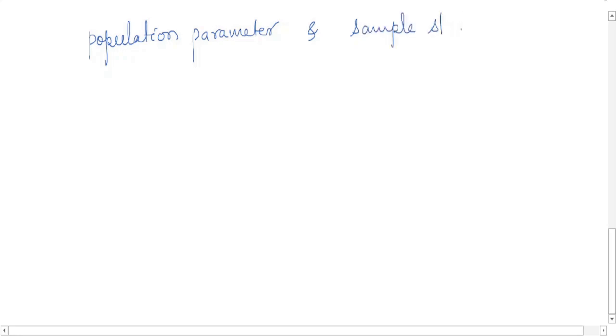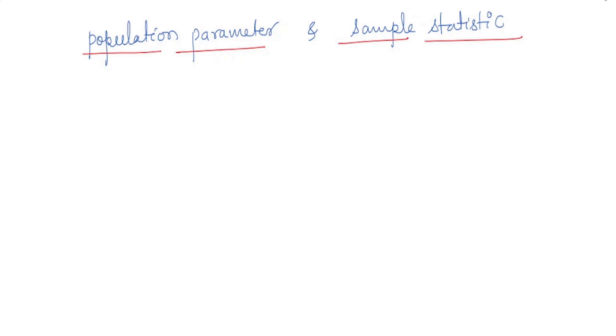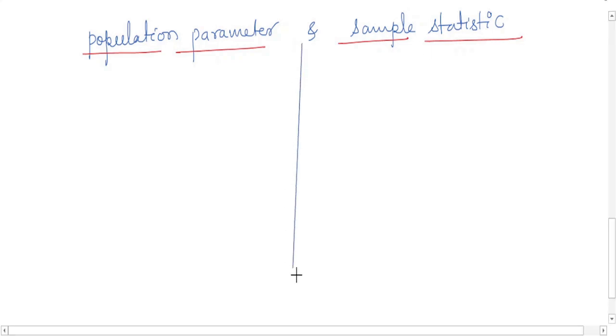The words we use are population parameter and sample statistic. Let us denote the notations.